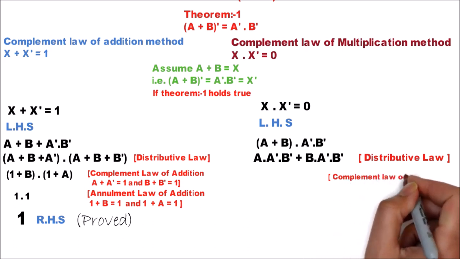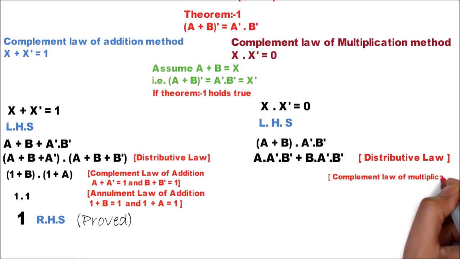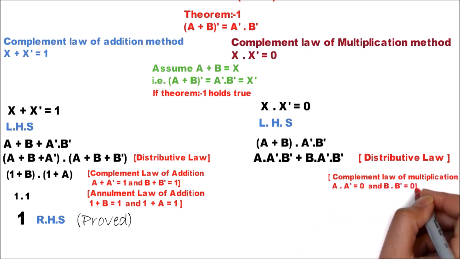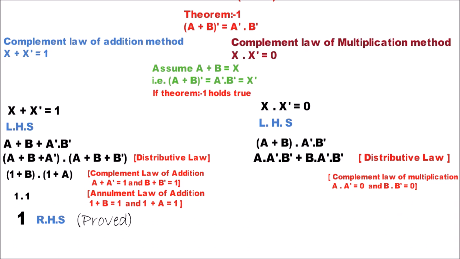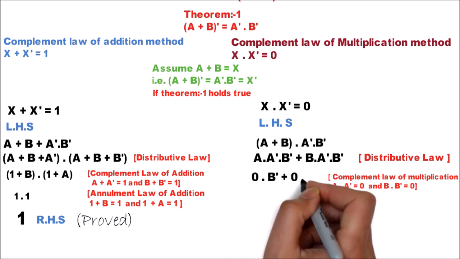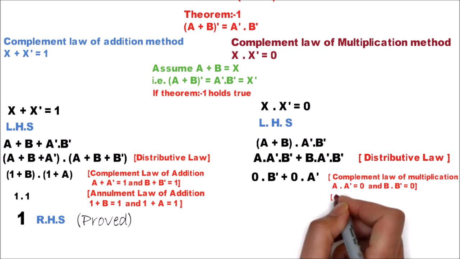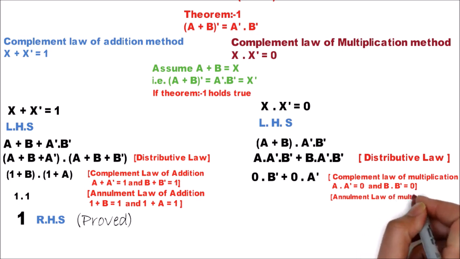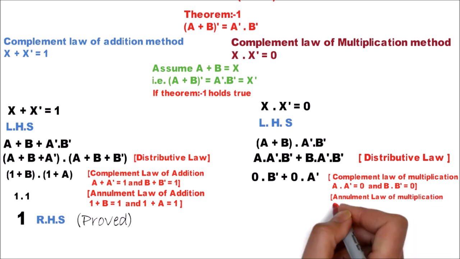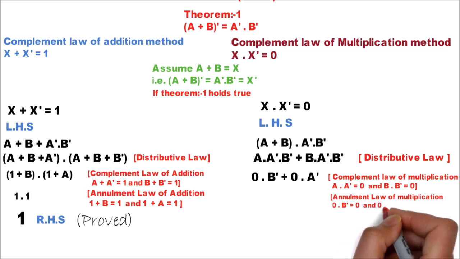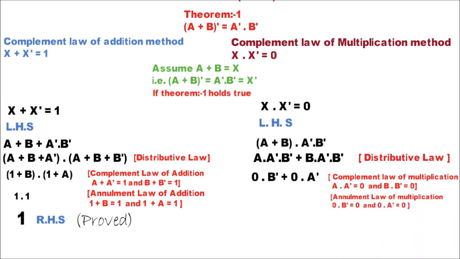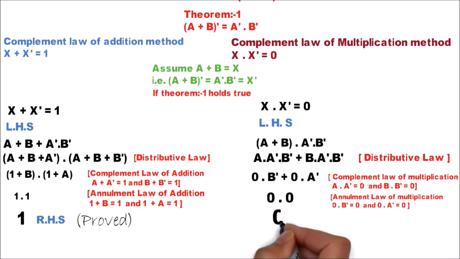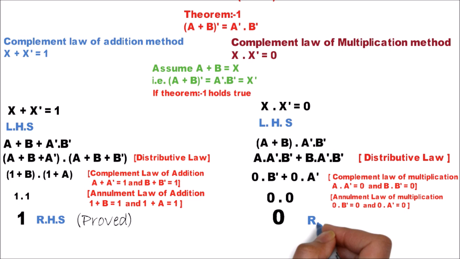Now the complement law of multiplication states that A dot A bar equal to 0 and B dot B bar equal to 0. Now this can be written as 0 dot B bar plus 0 dot A bar, and 0 dot any variable is equal to 0 according to the annulment law. And finally the answer will be equal to 0, which is the RHS of the theorem.